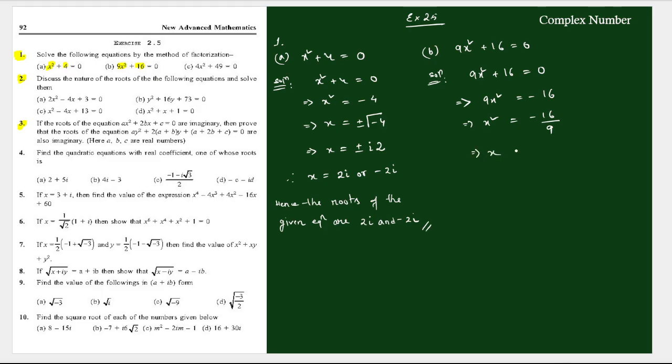Now x equals plus minus root over of minus 16 by 9. Root of minus 1 is i, root of 16 is 4, root of 9 is 3. So x equals 4 by 3i or minus 4 by 3i.